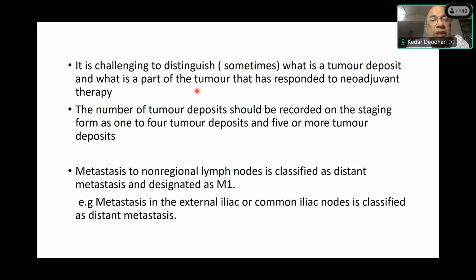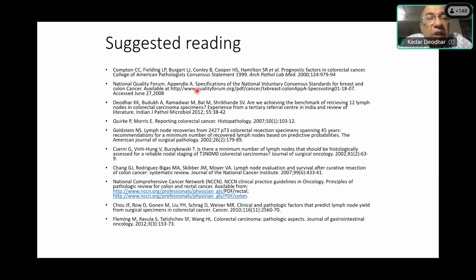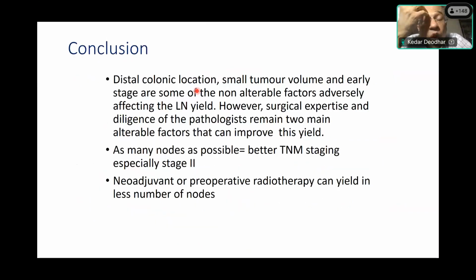I think that's probably also to conclude regarding the colorectal cancer specimen. Distal colonic location, small tumor volume, and early stage are some of the non-alterable factors. But what are the alterable factors in lymph node dissection? A good report depends on surgical expertise and the diligence of the pathologist.